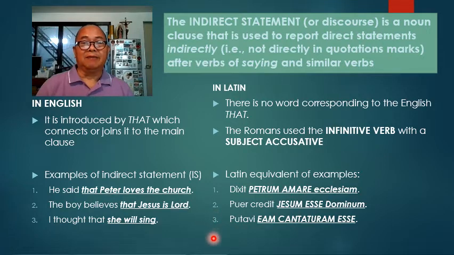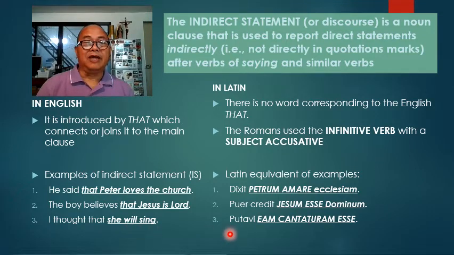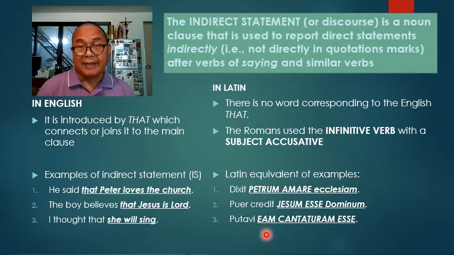Then, another example, I thought that she will sing. And here we have a future tense of the verb. So when it comes to Latin, I thought, putavi, that she will sing, eam cantaturam esse. So the subject, she, is eam. Eam is the pronoun, feminine accusative case, again, because the subject of the indirect statement is in the accusative. Will sing is future tense.